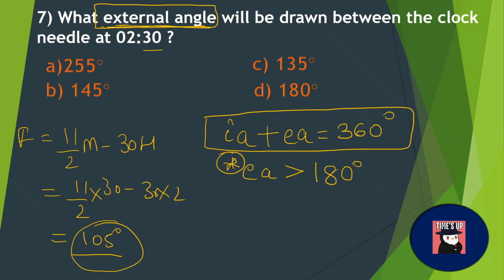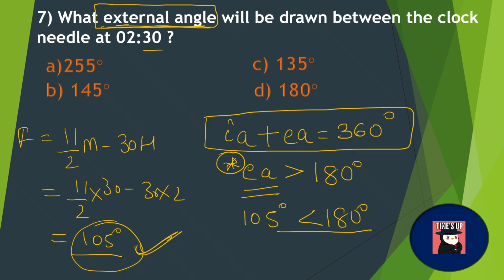But what I told you, external angle, this 105 degree, correct, is less than 180 degree. It is not greater than 180 degree. So when you're finding external angle, whatever angle comes as the answer, it should be greater than 180 degree.